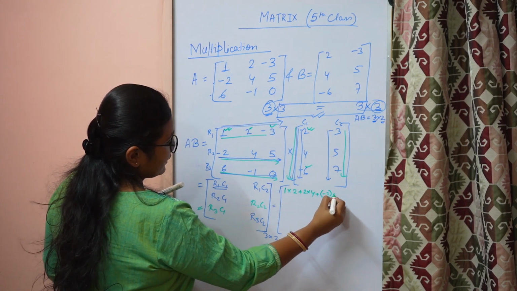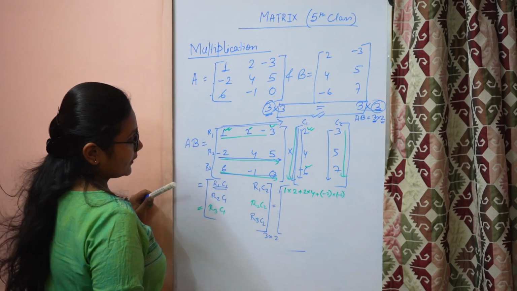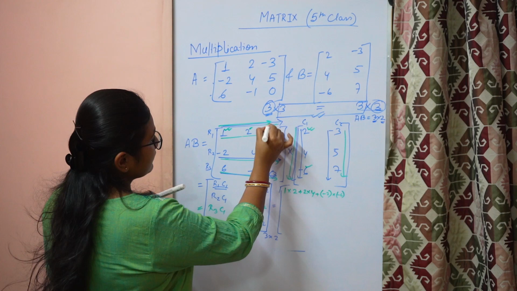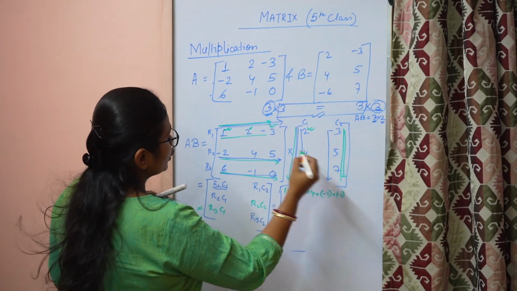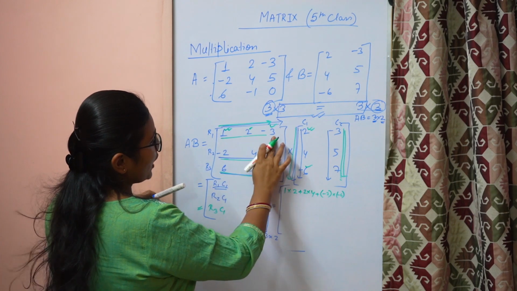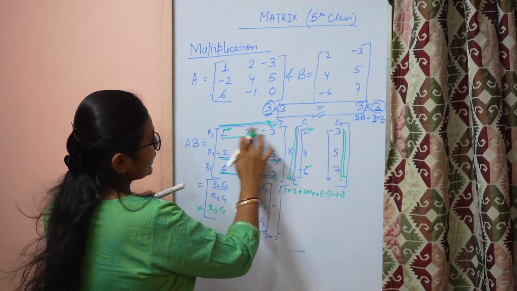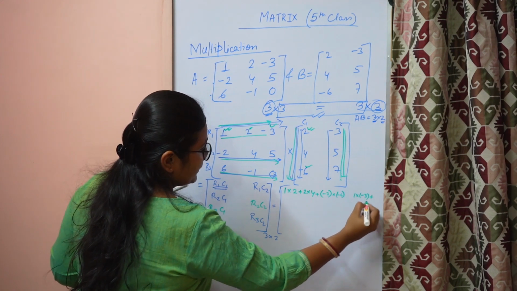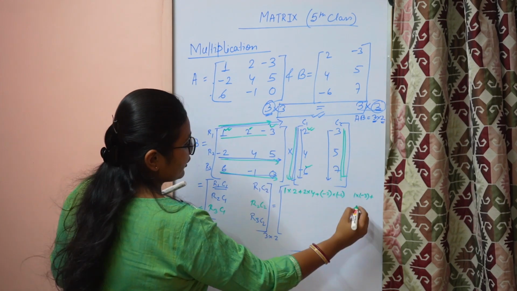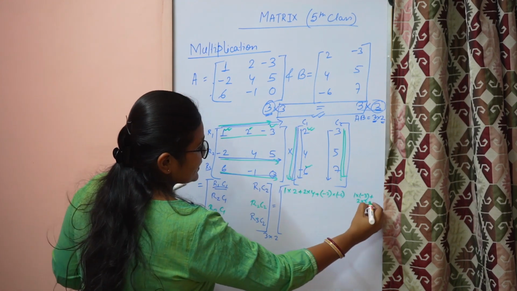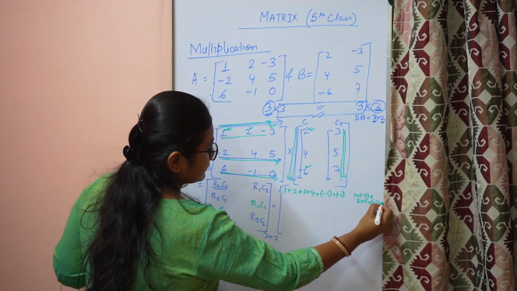Now R1, C2: you have to multiply the corresponding elements of R1 and C2. So 1 into minus 3, plus 2 into 5, plus minus 3 into 7.